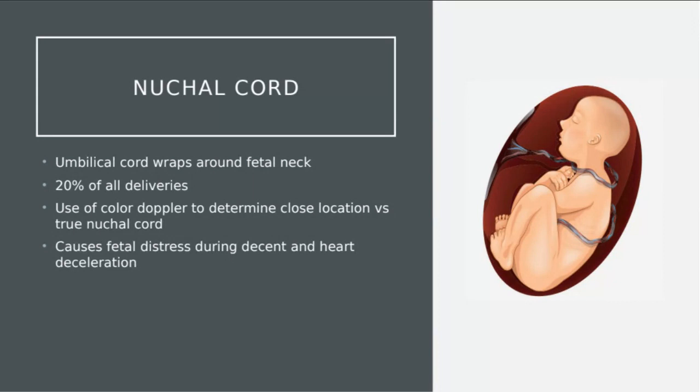It can cause fetal distress as the baby is descending down into the pelvic canal to be born and delivered, and can result in heart deceleration. So of course they're monitoring you very closely when you are in labor. So if they notice any fluctuations in the baby's activity, they're going to intervene immediately. I actually saw a baby that had a nuchal cord twice.